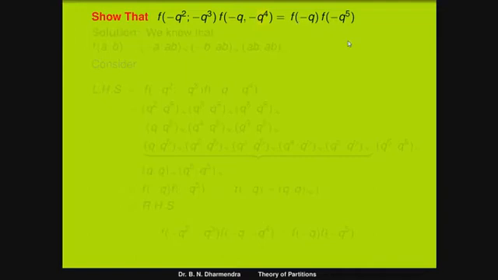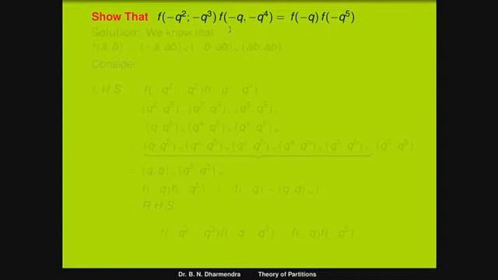So, a very beautiful result. That is, f(minus q squared, minus q cubed) into f(minus q to the power of 4) is equal to f(minus q) into f(minus q to the power of 5). So the power of 5 appears when I multiply the terms a into b here.